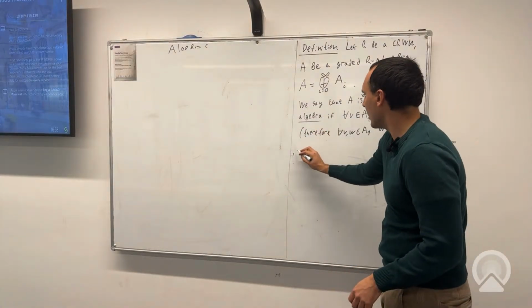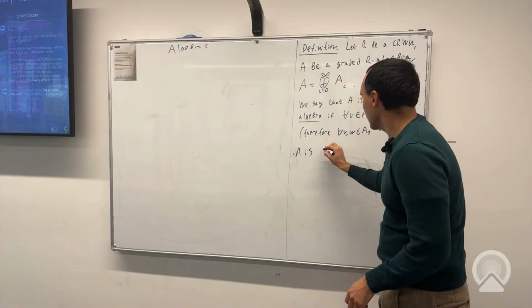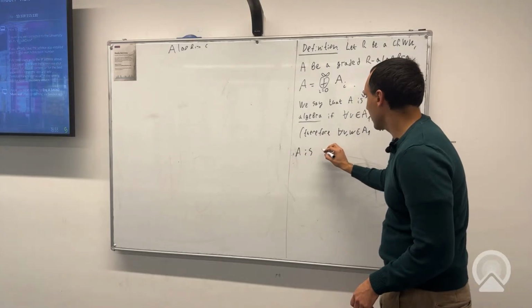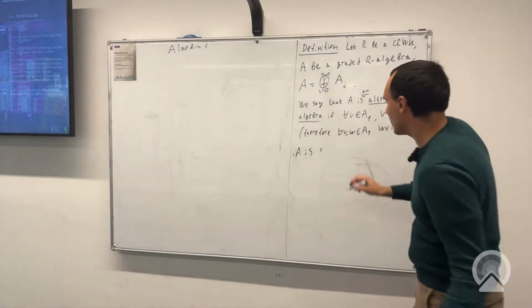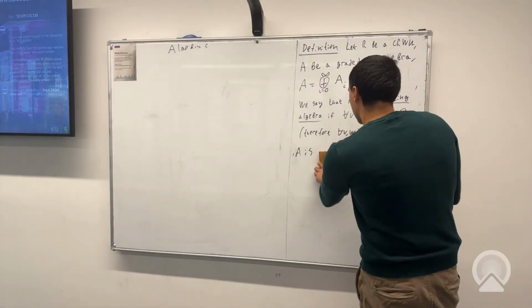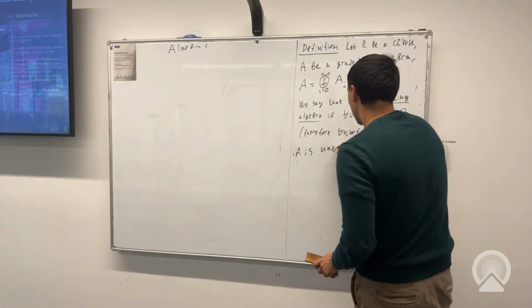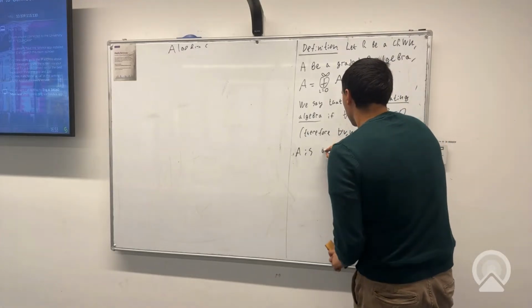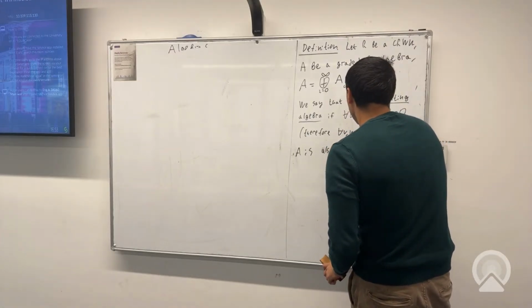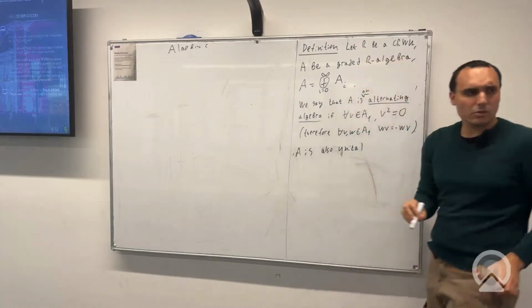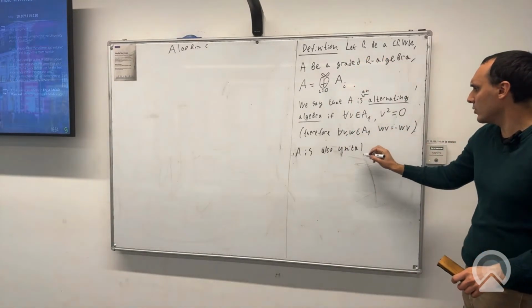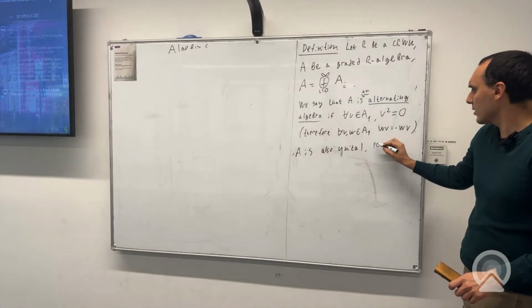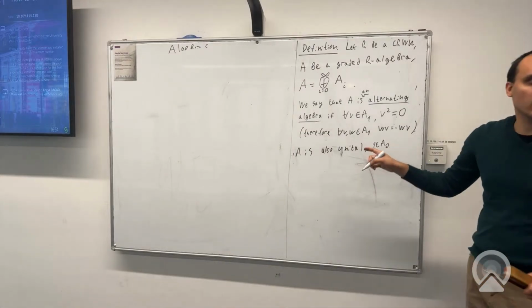Just say A is also unital. It could be non-unital, so the unit 1 is in A0. This is the unit in A0.